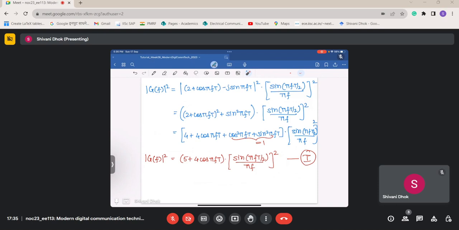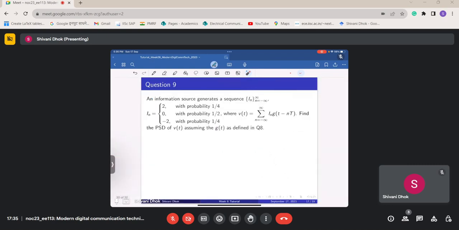Okay, if there are no questions, then let us look at the next question that we need to find. What is given is an information source that generates a sequence I_n for n ranging from minus infinity to infinity, and this is an uncorrelated sequence.